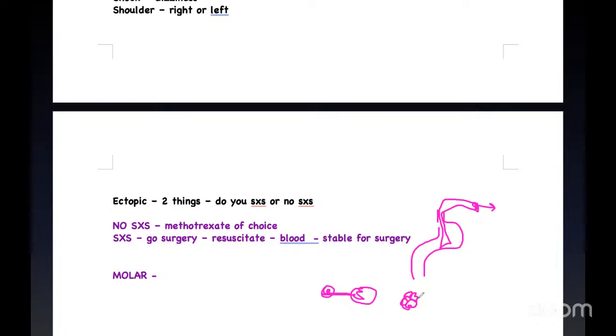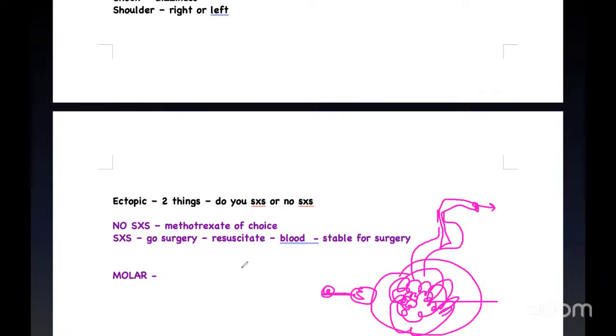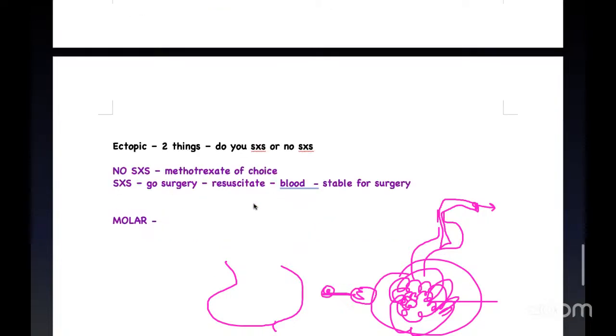Unfortunately, the placenta overgrows the baby. So this is all placenta and the baby dies. What you see is a big uterus. It looks like they have twins, but there are no twins, there's no baby. It's all full of what? Placenta tissue. So molar pregnancy is not a true pregnancy.